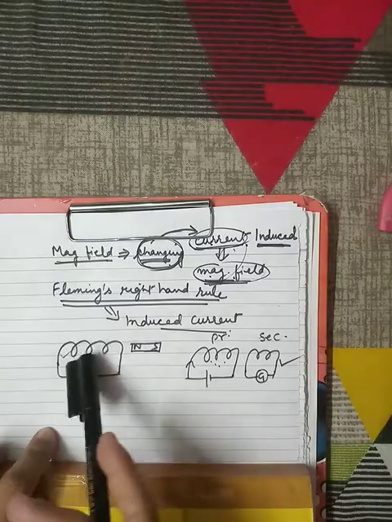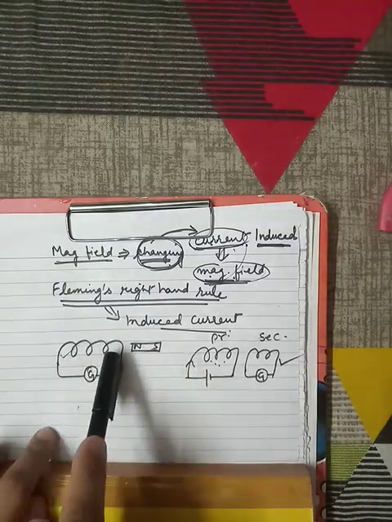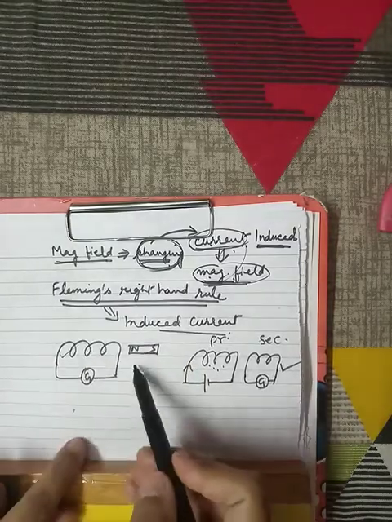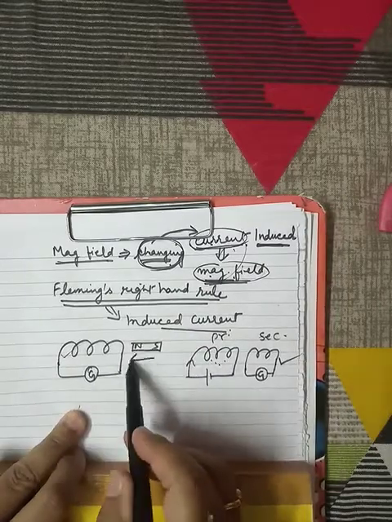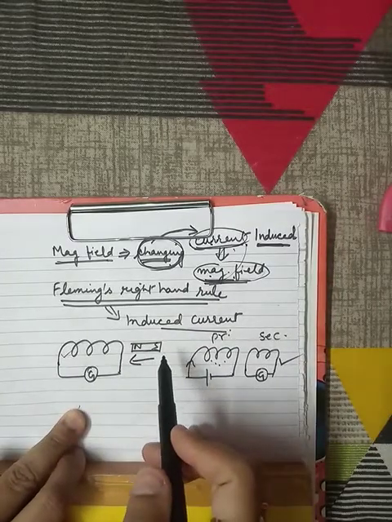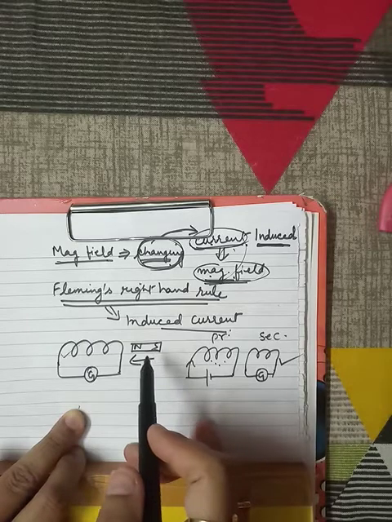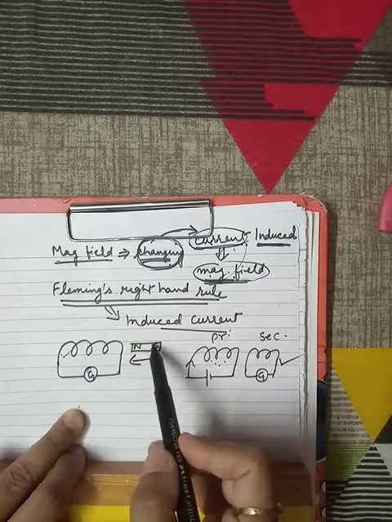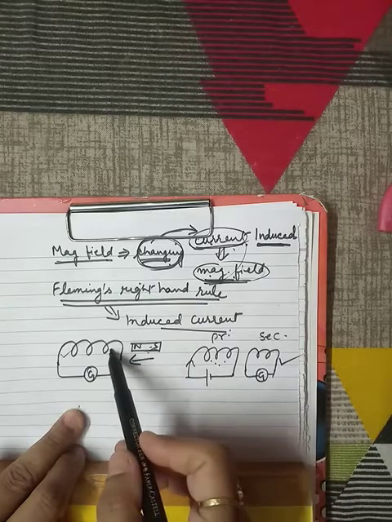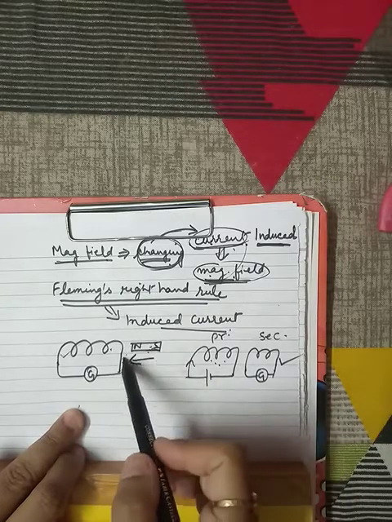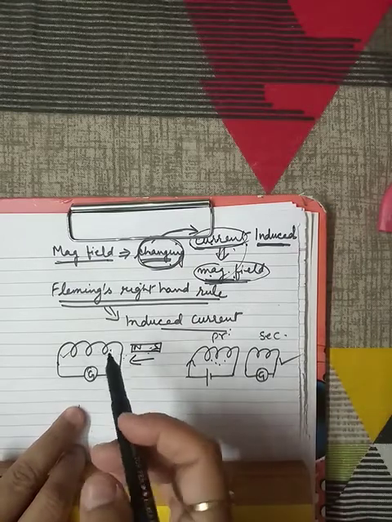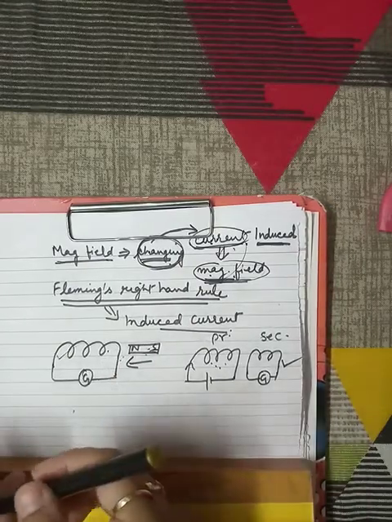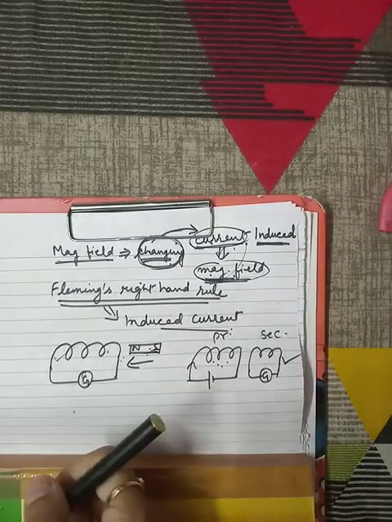It may depend upon the speed with which the magnet is going into or towards the coil or away from the coil, and it may depend upon the orientation of the magnet, like whether its north pole is going towards the coil or its south pole is going towards it. Orientation also matters. So induced current depends upon all these factors.